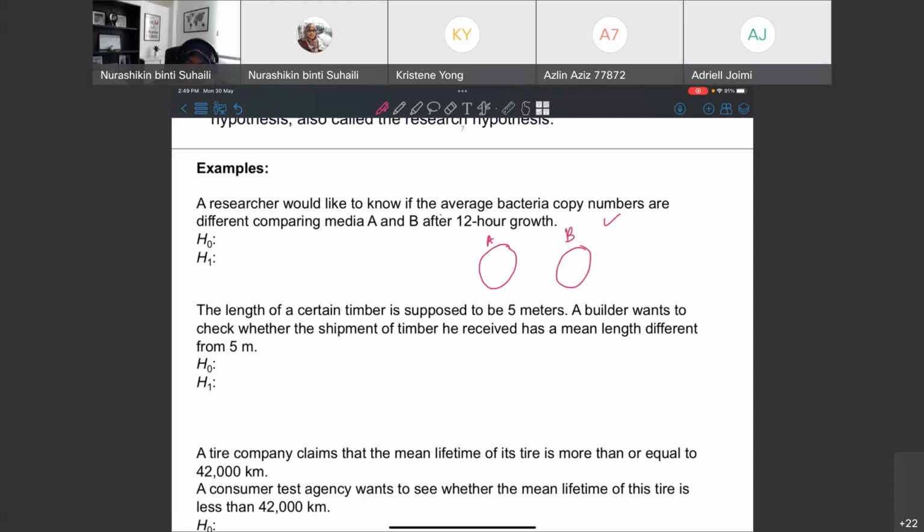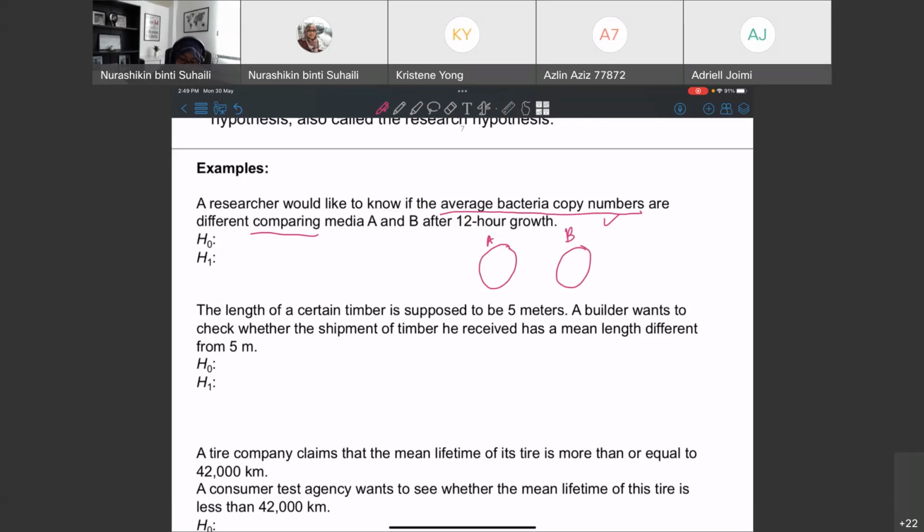And your parameter here is the average bacteria copy number, the average bacteria copy number of A and of B. Those are the things that you want to compare. Remember, we are comparing. So how do you want to set the hypothesis for this case?